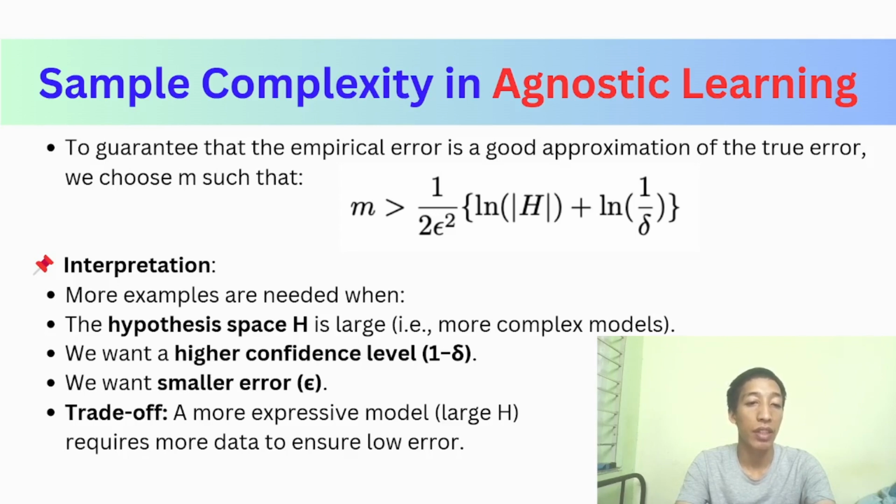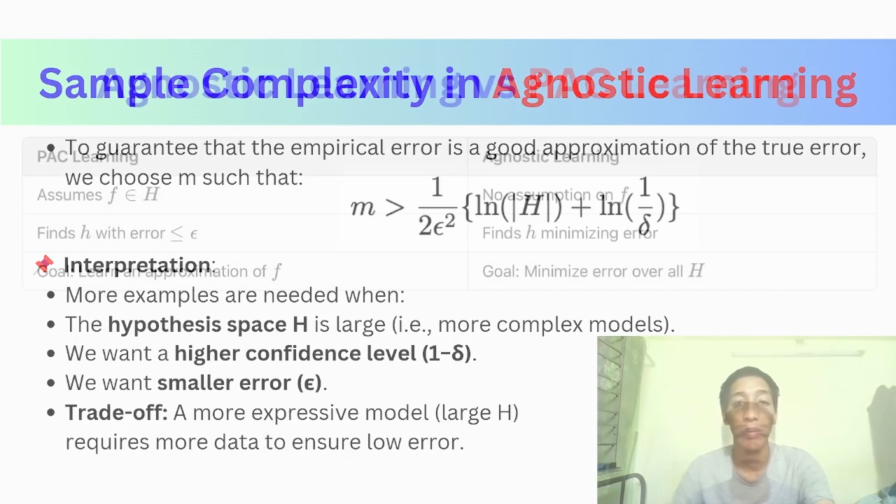Second, the confidence level 1 minus delta, where higher confidence requires more examples. Third, the desired error bound epsilon, where smaller error bounds demand more data. This highlights a fundamental trade-off. A more complex model requires significantly more training data to achieve reliable generalization.